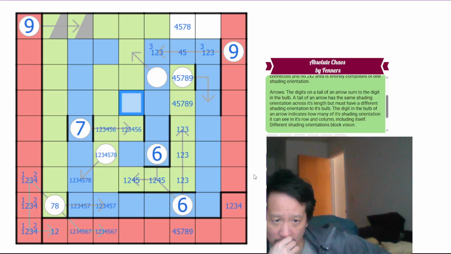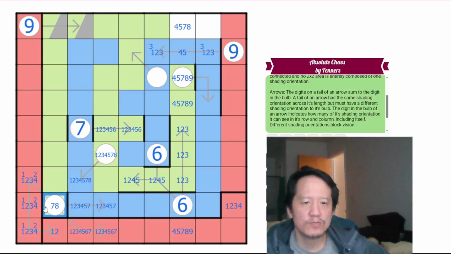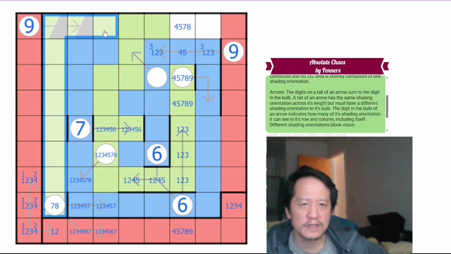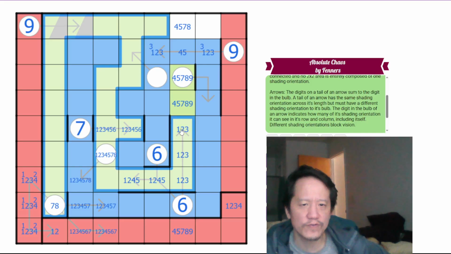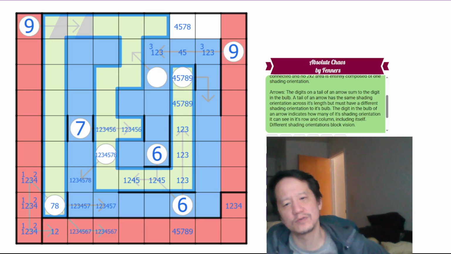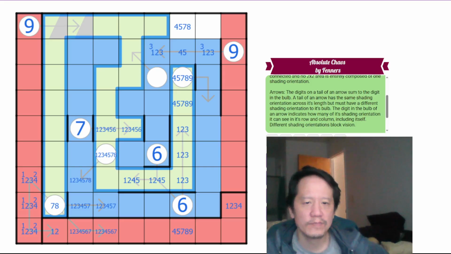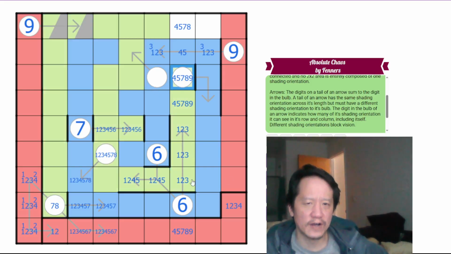Huh. This is 1, 2, 3, up to 20, then 1 through 7. So that does work. This would then be 5.